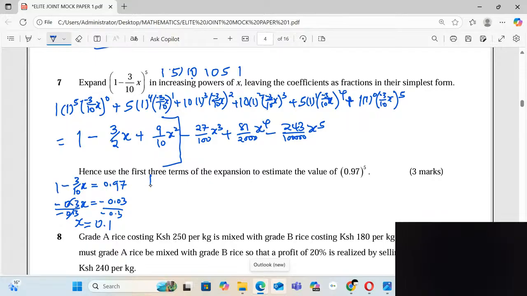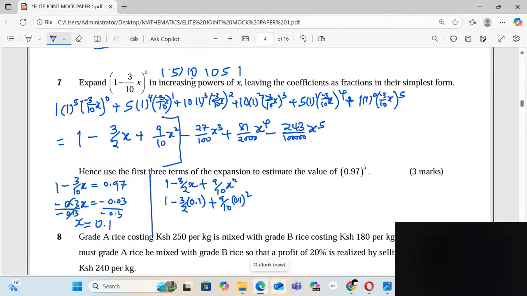Now that we have the value of x as 0.1, we solve the first 3 terms. So where we have x, you replace it with 0.1. So our equation is, we have the first 3, which is 1 minus 3 over 2x plus 9 over 10 x squared. So we are having 1 minus 3 over 2, x is 0.1, plus 9 over 10, then 0.1 squared.